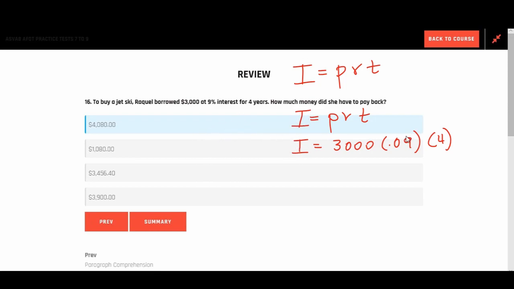The first thing I'm going to do is multiply 0.09 by 4. 0.09 times 4 is going to be 0.36. Again, 9 times 4 is 36. Therefore, 0.09 times 4 is 0.36. So now we have to do 3,000 times 0.36. Let's go ahead and work that out.